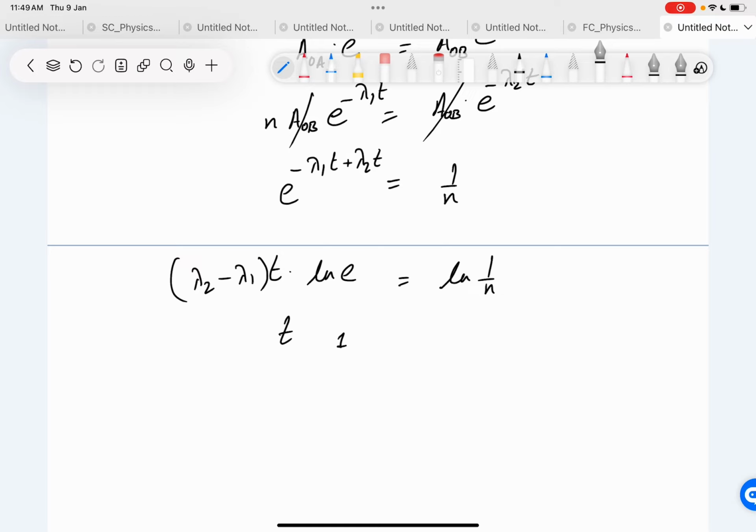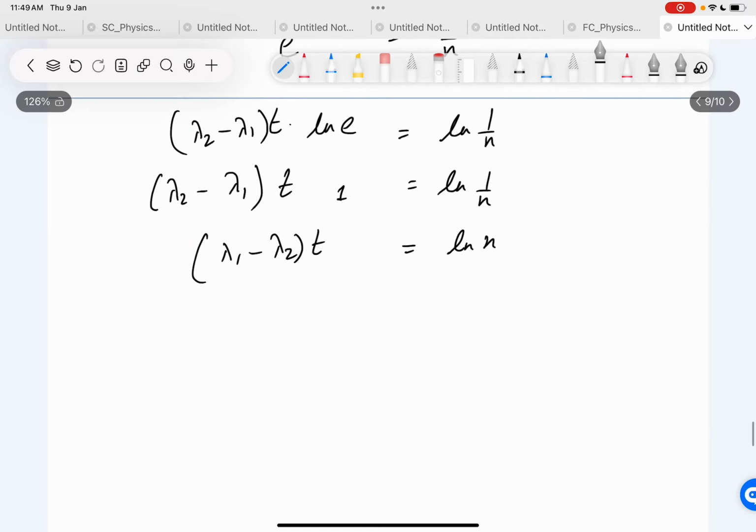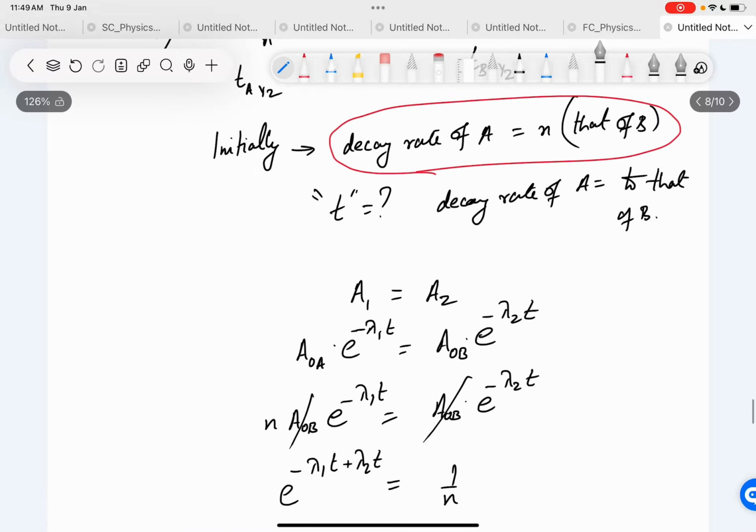So we can write over here, this is t, this is lambda 2 minus lambda 1. This is equal to natural log of 1 by n, or you can write natural log of n as equal to lambda 1 minus lambda 2 times t itself. That's it. So the time taken is natural log of n divided by lambda 1 minus lambda 2.